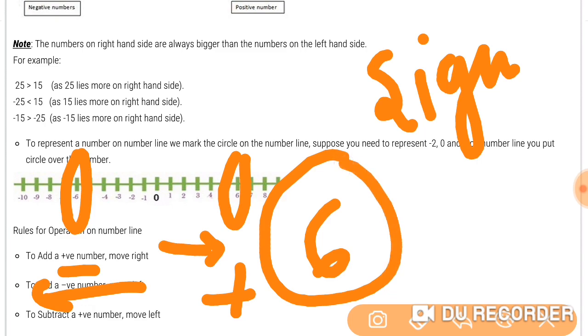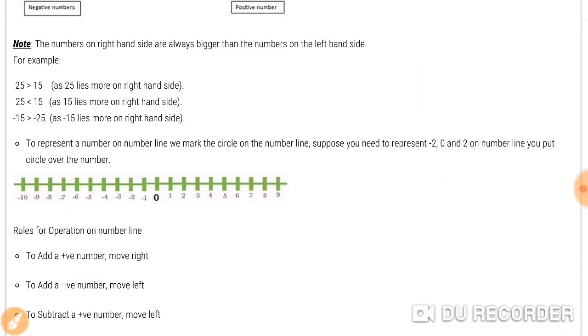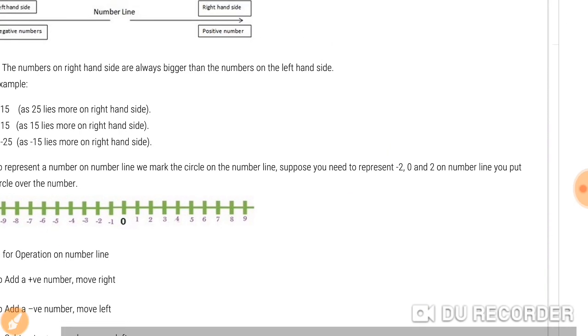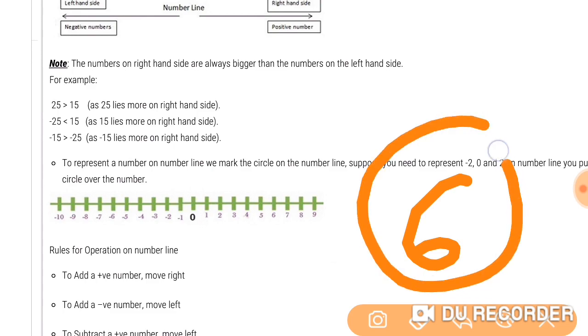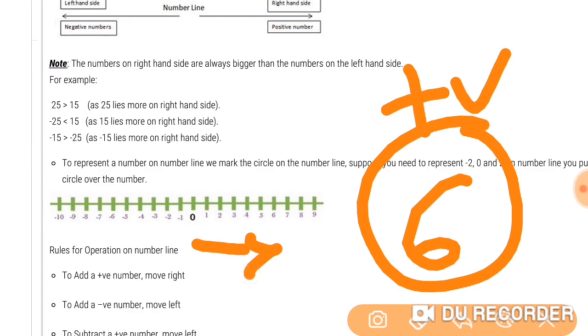With no sign, it is always positive itself. So we show the 6 as positive. That means we choose 6 on the right side of 0 and circle the number given here. Clear how to show a number on a number line?